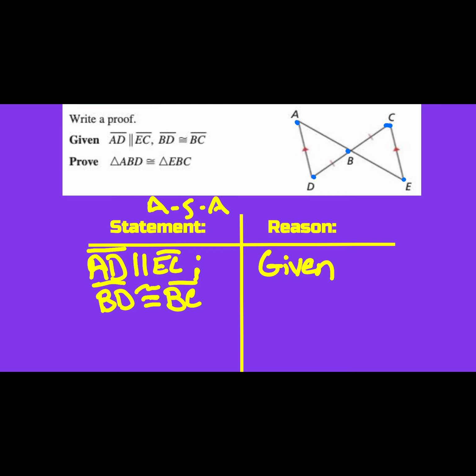Just from looking at the given, does that give us an angle, a side, or an angle? I think it does for sure. It tells us BD is congruent to BC. So that would give us a side.